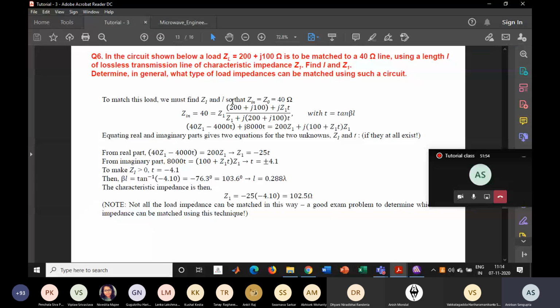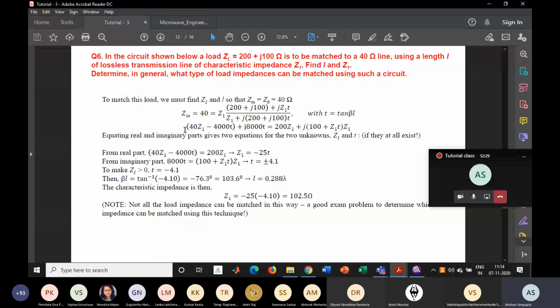Now you put those values: here Z naught is Z1, which is unknown for the matching section, ZL is 200 plus j100, and tan beta L is given as t. You will find this equation. It's a complex equation with two variables, so we have to equate the real part and the imaginary part.